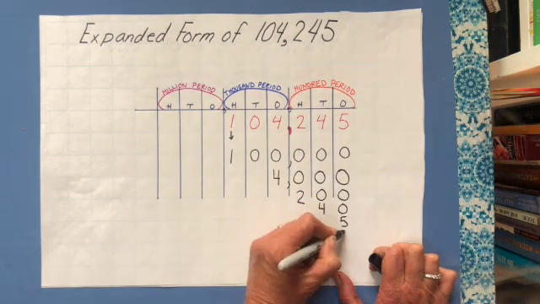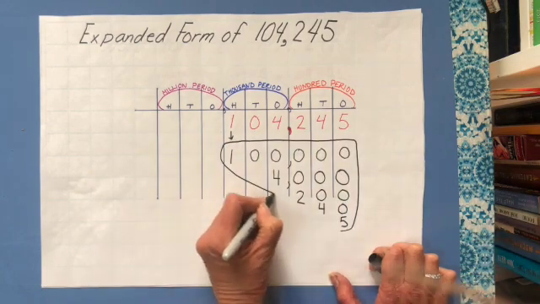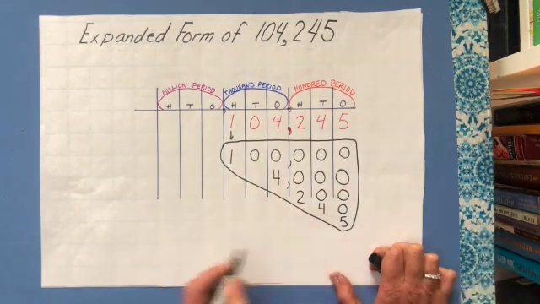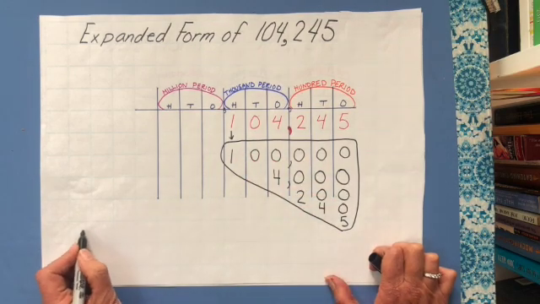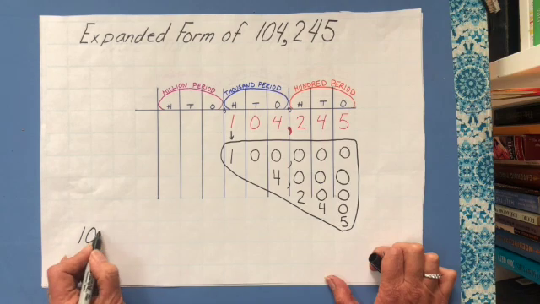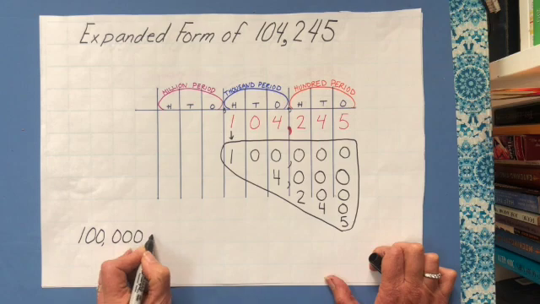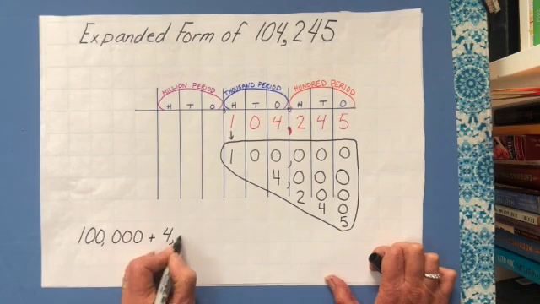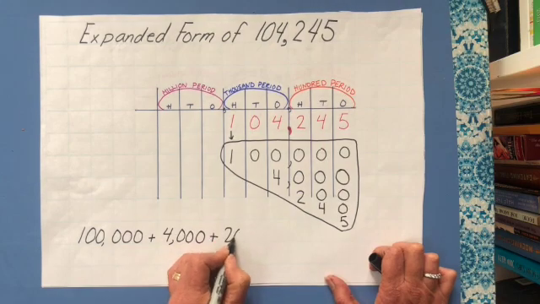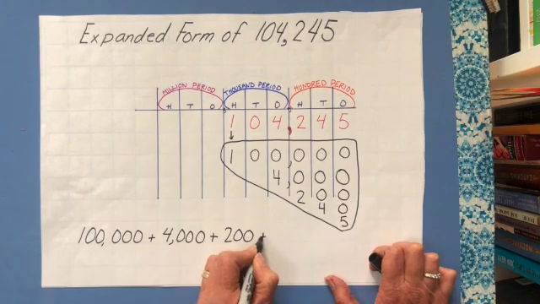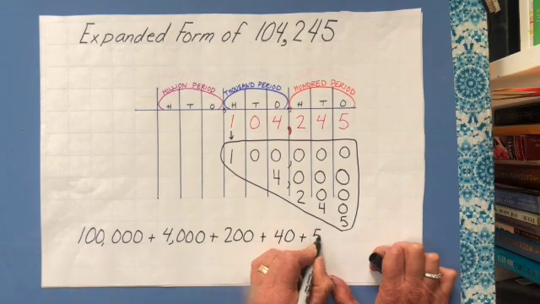I like to call this the pizza method of finding the number in expanded form. Now you won't normally see it written like this. You'll normally see it written like this: 100,000 plus 4,000 plus 200 plus 40 plus 5.